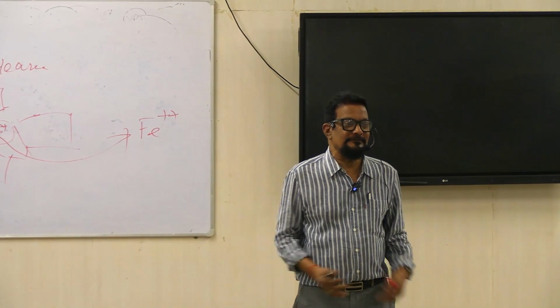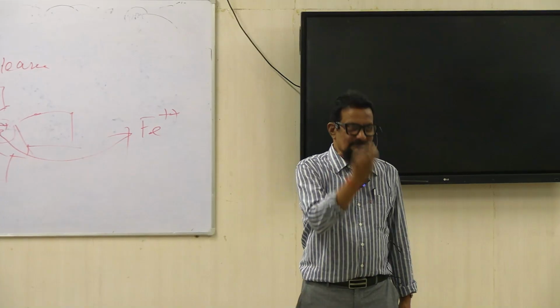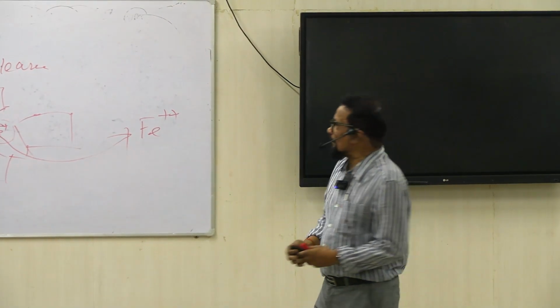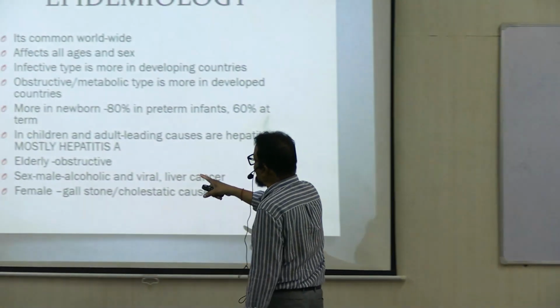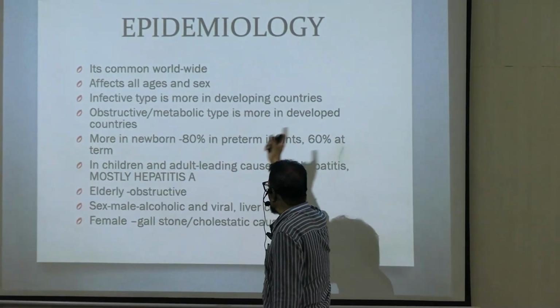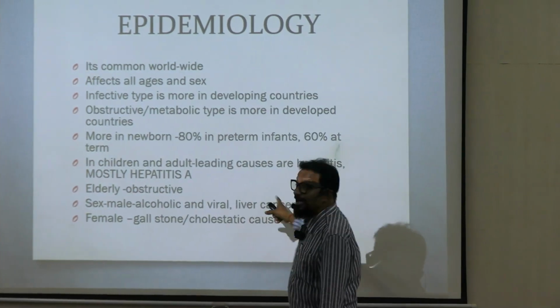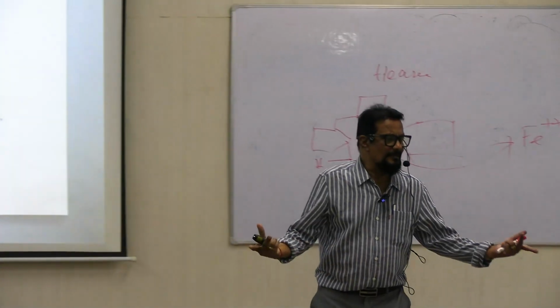And alcohol is hepatotoxic, nephrotoxic. So hepatocytes become damaged. As a result, jaundice will be produced. So from alcoholic liver disease, there may be jaundice. And viral hepatitis and liver cancer can also produce liver cell damage.